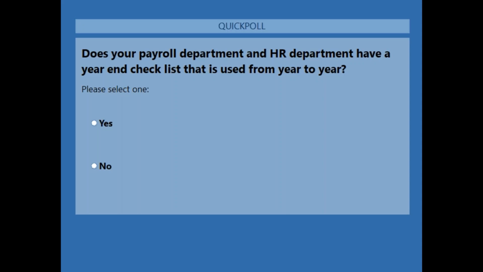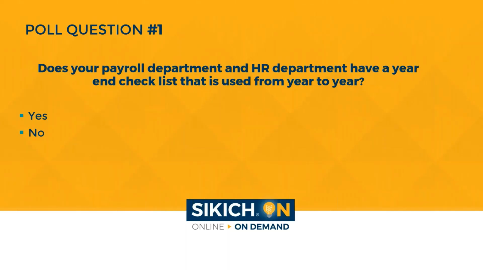How do we learn from the past so that we know that everything is going to be as accurate as possible for next year? So with most of you voting already, I'm going to close the poll, and I see that 80% of you have checklists from last year and 20% of you do not.